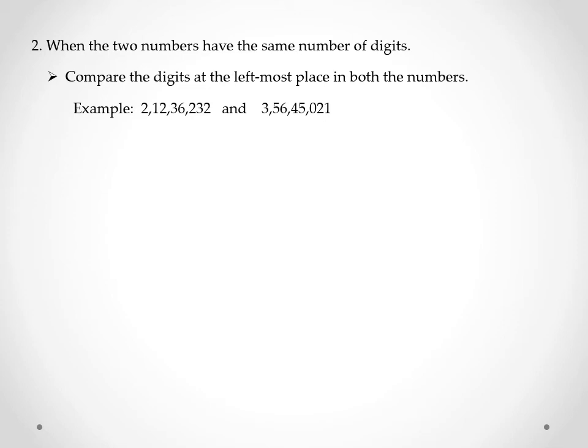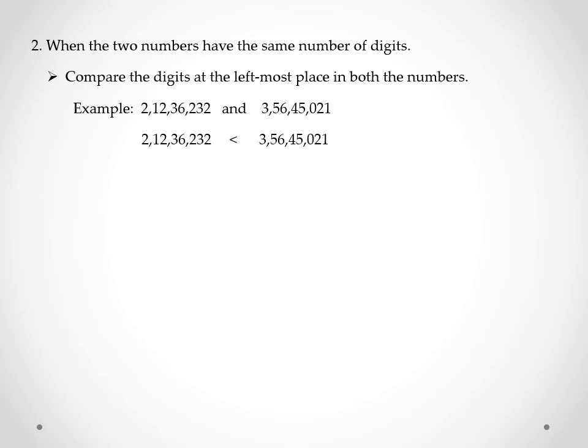Look, the first digit of these numbers is at the crore place. They are different. They are 2 and 3. 3 is greater than 2. Therefore, 3 crore 56 lakh 45,021 is greater than 2 crore 12 lakh 36,232.